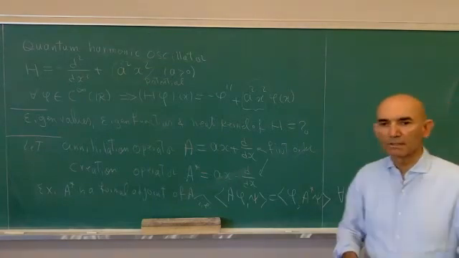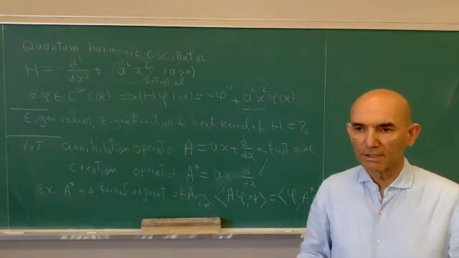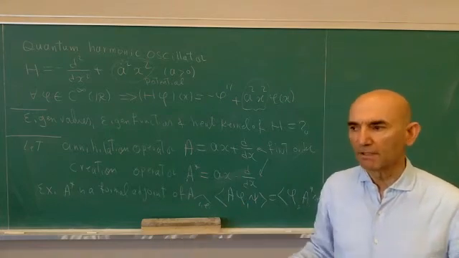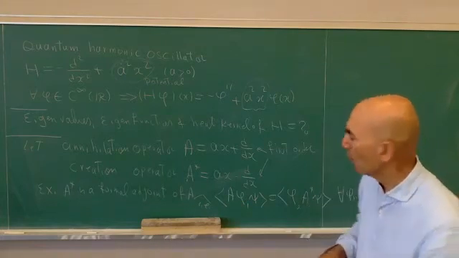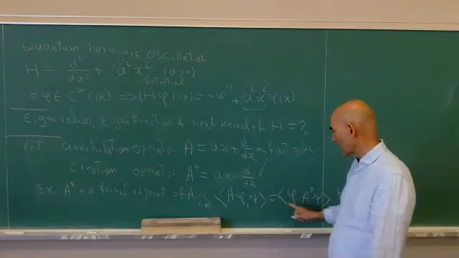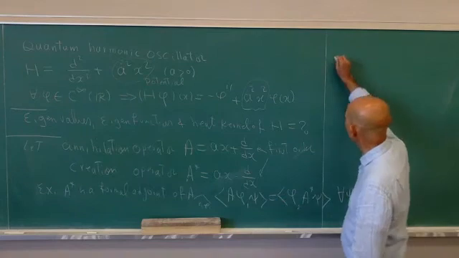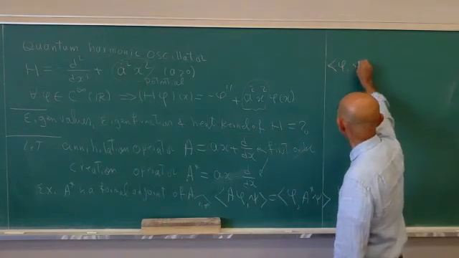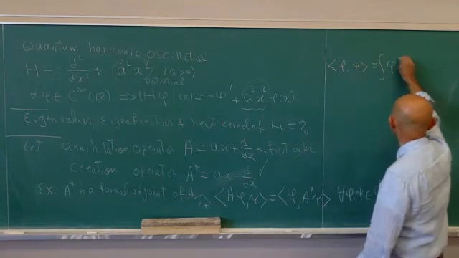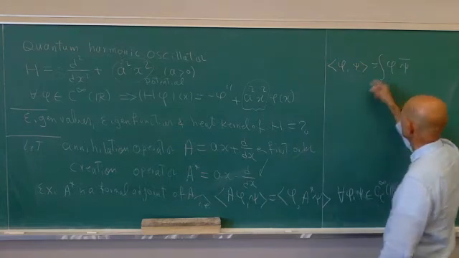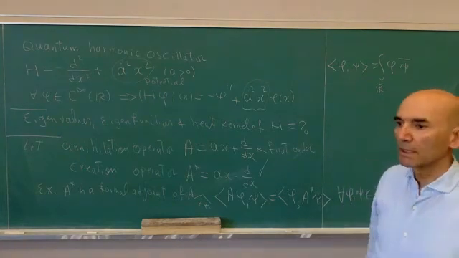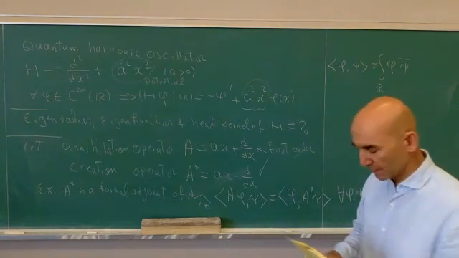You can just assume C2 functions that have some decay at infinity. They go to zero at infinity and this holds. So what is this inner product, by the way? Of course, the inner product of phi and psi is equal to the integral of phi psi bar over R. This is the L2 inner product that turns this into a Hilbert space.